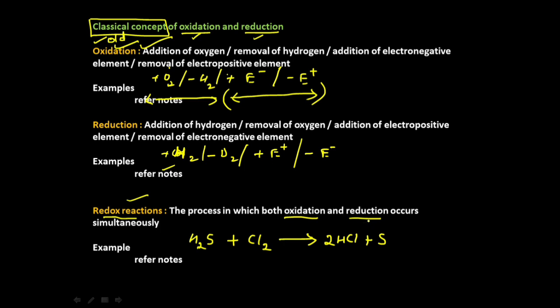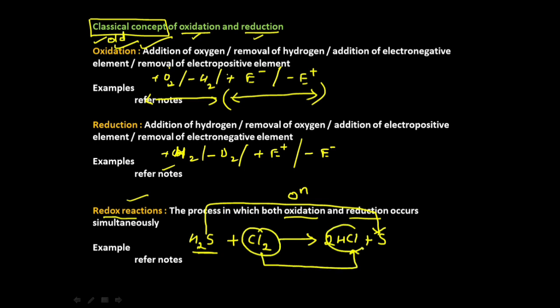Okay, in this case hydrogen sulfide is getting oxidized to sulfur, undergoing oxidation, and chlorine molecule is getting reduced to hydrogen chloride. So chlorine is undergoing reduction. So since both oxidation and reduction are taking place in a single reaction, this reaction is known as redox reaction.